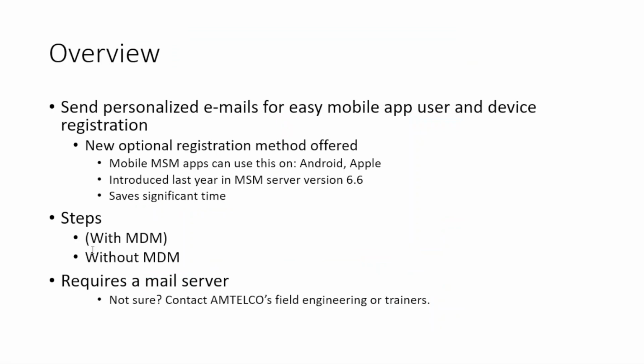So we covered what the steps would be. It's very, very easy. Again, the biggest part is for them to install the MSM app. And from there, really, they just click on a link. It opens up the app, says, please update your password, and they can start messaging with everybody else who's registered to their group as well.